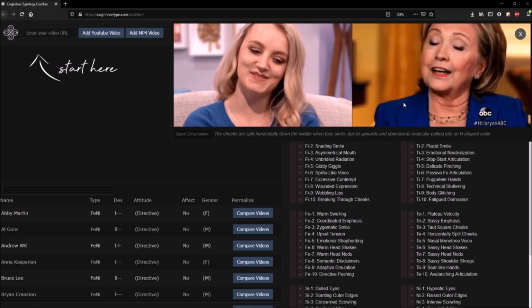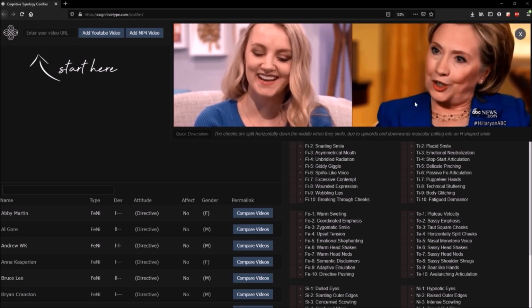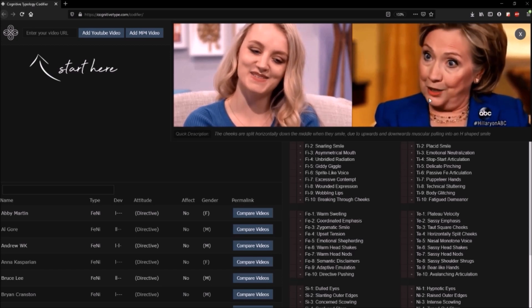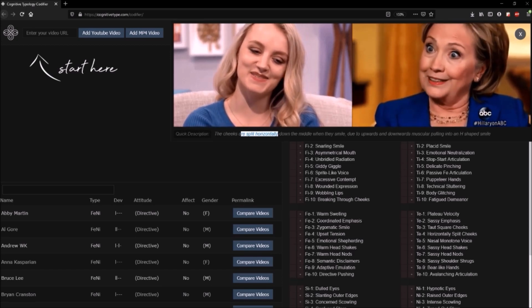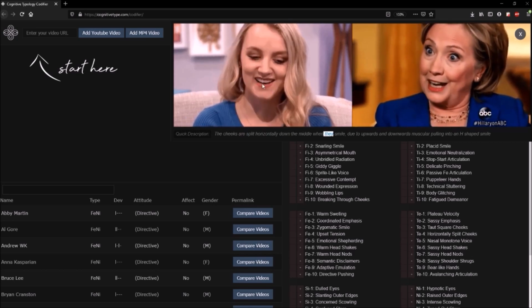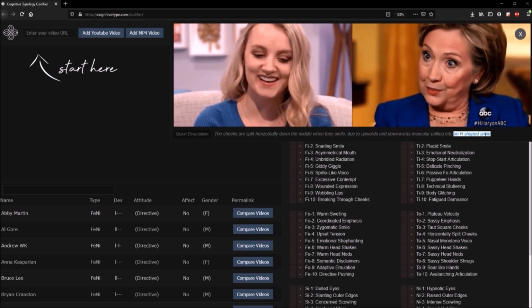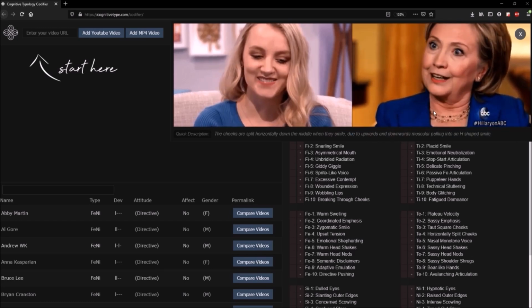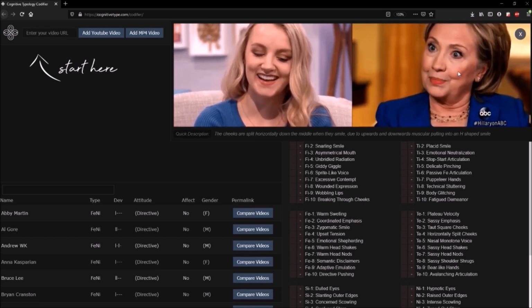Which leads us into TE4, which is horizontally split cheeks. Now that very same action of the taut square cheeks will also create a splitting of the cheeks in the middle in some cases. It reads here, the cheeks are split horizontally down the middle when they smile. Here's the middle, here's the splitting. Due to the upward and downward muscular pulling into an H-shape smile. The idea of looking for that H shape has been really useful. So we mentioned the 4 points.